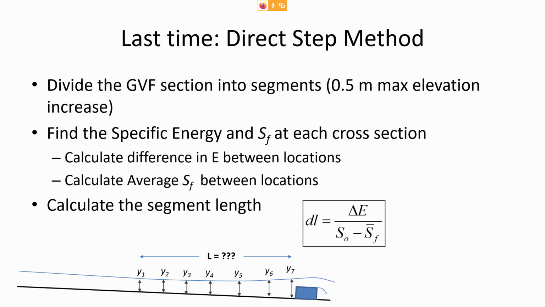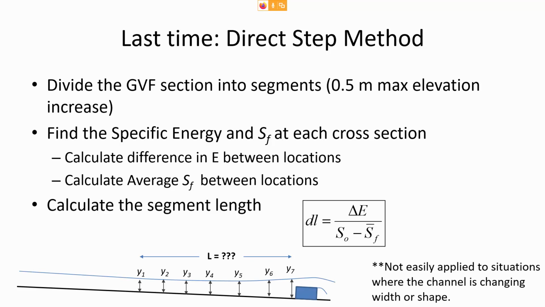And in applying that, you calculate the segment length, but it's not applicable to the broad range of conditions that you'd see in the real world. In the real world, streams are changing width, and streams may have adjustments that would make this direct step method not applicable.